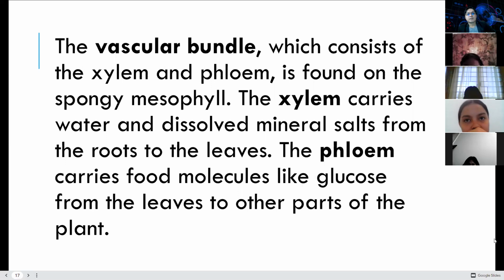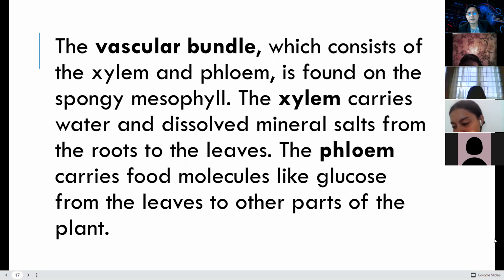Vascular bundle. This is the one I'm telling you that supplies nourishment to the plant, which consists of xylem and phloem. It is found in the spongy mesophyll. The xylem carries water and dissolved mineral salts from the roots to the leaves. Again, xylem carries the water and dissolved minerals. Meaning to say, it carries what?